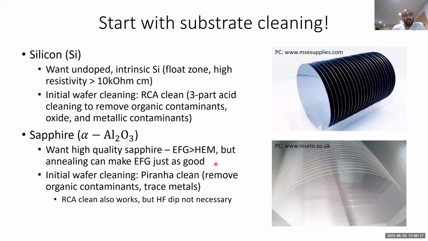The annealing process is an extra process that I'm not really going to go into in this lecture because it's not integral to the fabrication of a working superconducting qubit. But just know that there are other processes out there that can further improve the quality of your substrate.